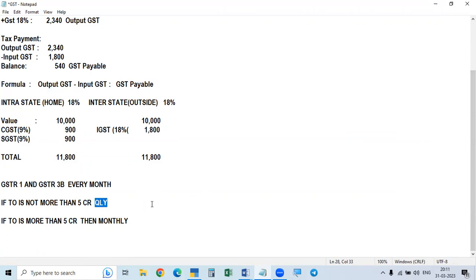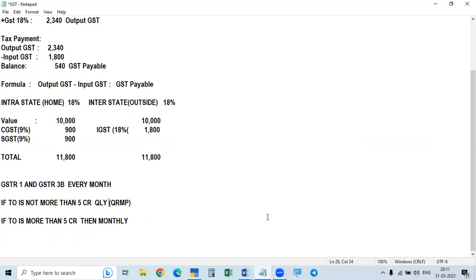This quarterly return scheme is called QRMP, because we are filing the returns quarterly. But you have to pay the tax every month.